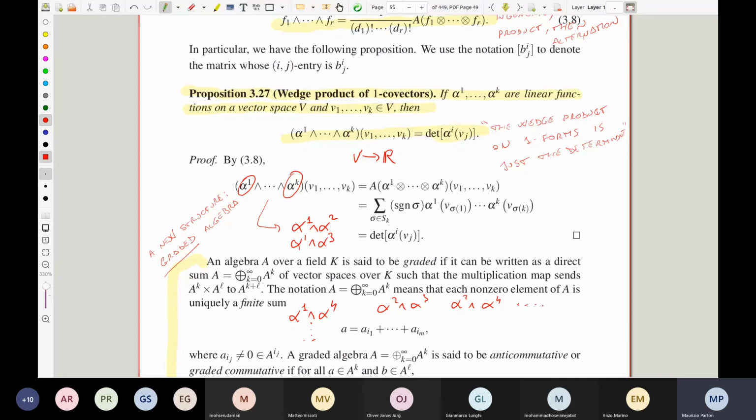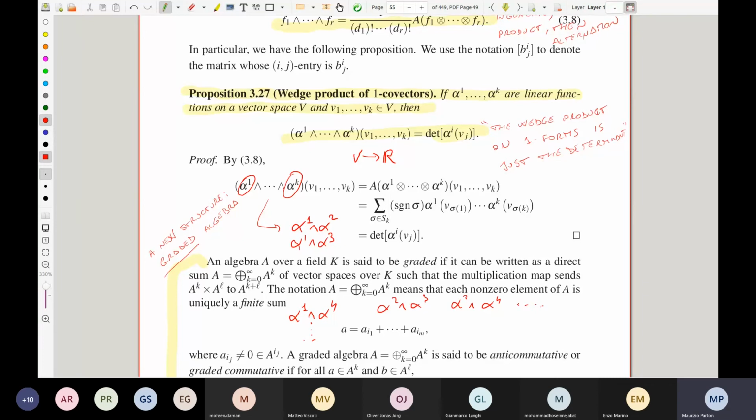Take 3 of them. With the wedge product, you can now generate every k-linear alternating form.